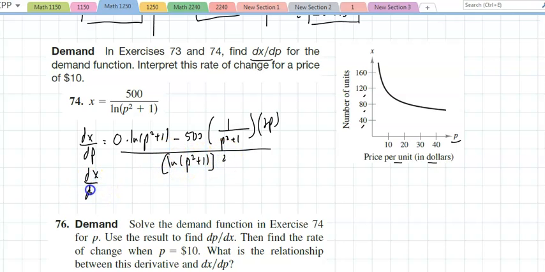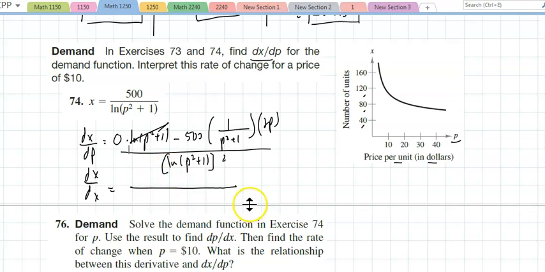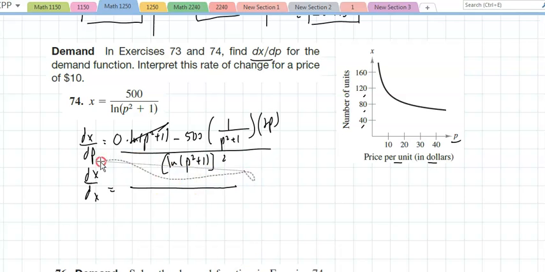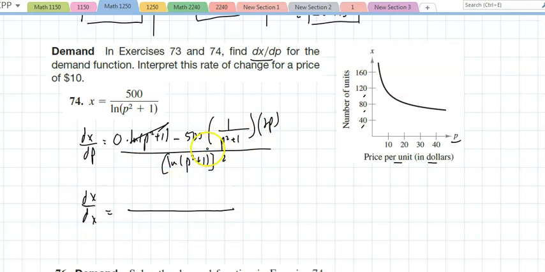So dx dp would be the top, that's a 0, and that will be negative 1000 p divided by p squared plus 1 divided by natural log of p squared plus 1 squared.